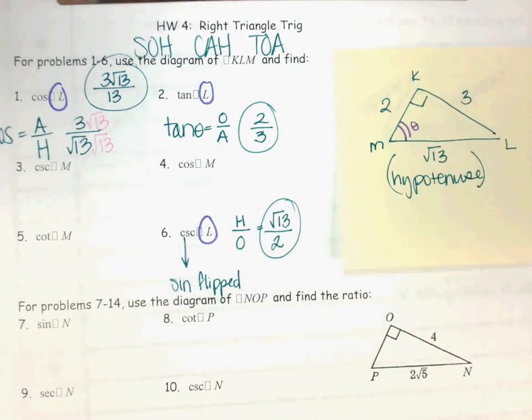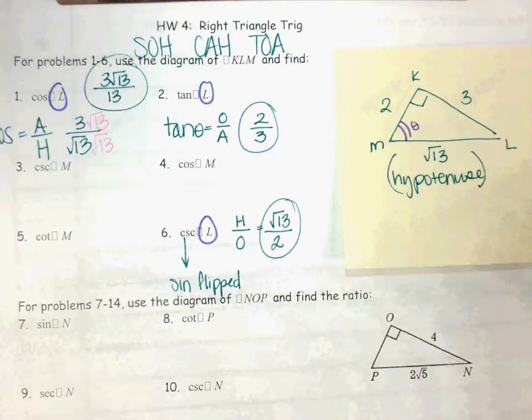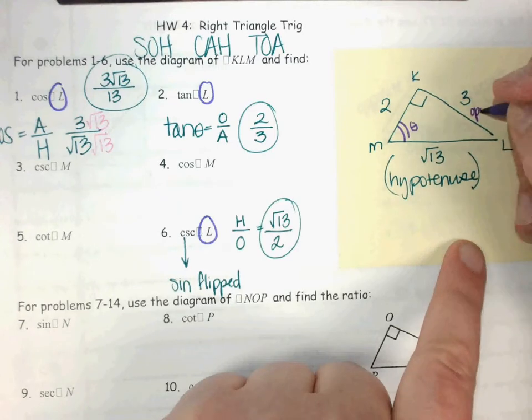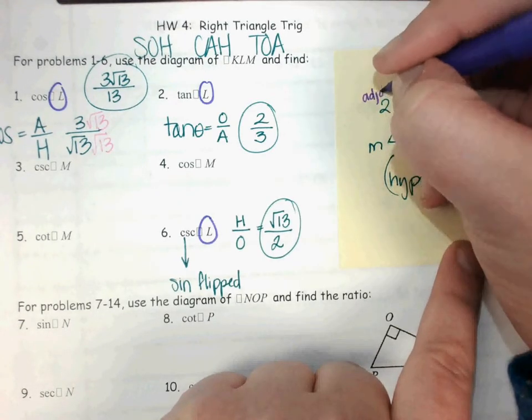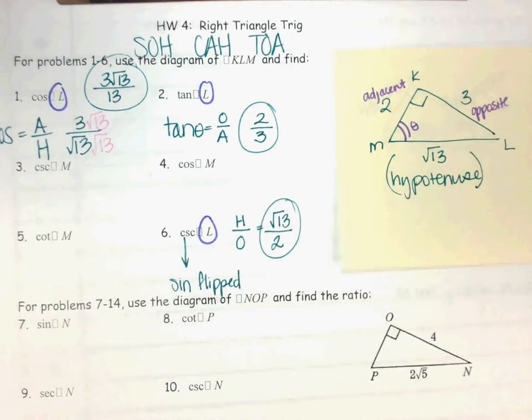Which side is opposite the theta if I move it to that corner, the 2 or the 3? Now 3 is the opposite, and 2 is the adjacent. Does that make sense? So you have to pay attention to which corner of the triangle you're in to know which one's which.